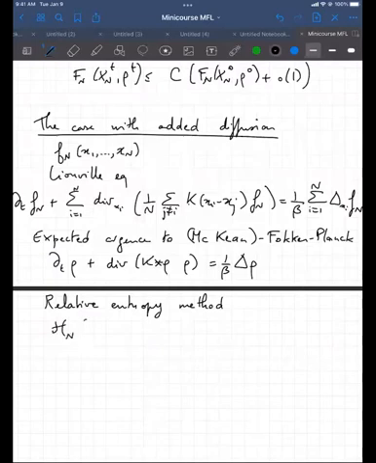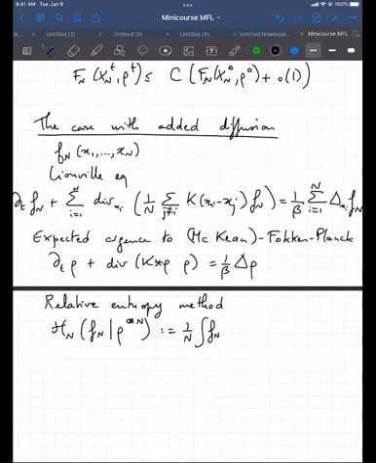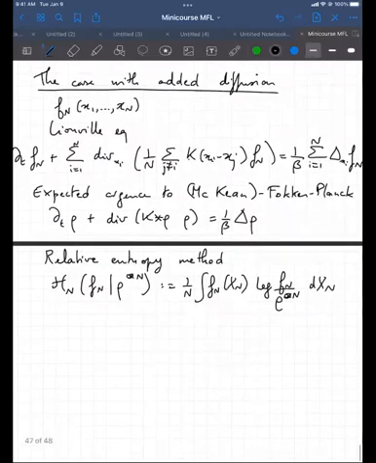In this context, what we're going to compute is the relative entropy of Fn relative to rho tensor n times, normalized with the 1/n in front: the integral of Fn log of Fn divided by rho tensor n times, integrated.